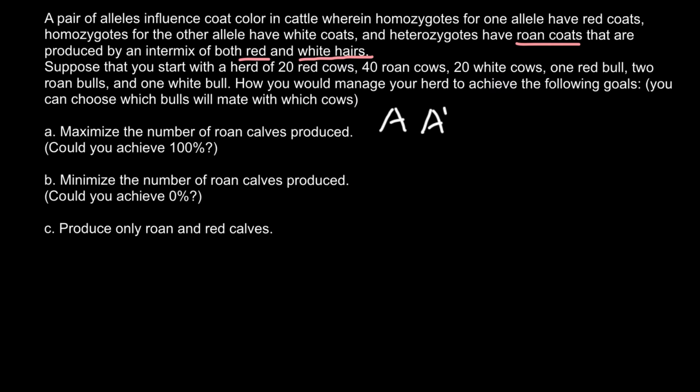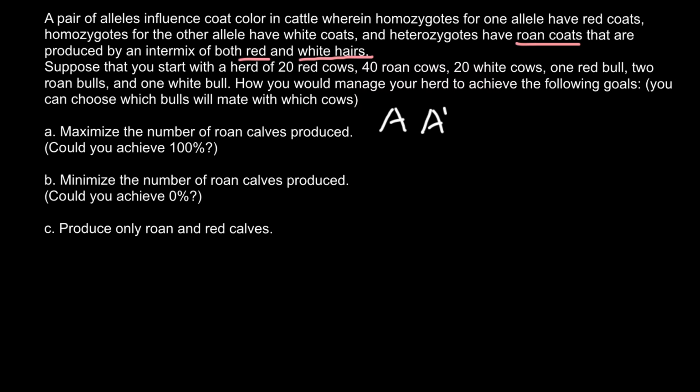So we don't have an intermediate color, like for example red, white, and intermediate pink. But in our example, roan color is produced by a mixture of two colors, pure white and pure red. That gives us information that both alleles are co-dominant. So we don't have incomplete dominance here. Here we have co-dominance of two alleles.